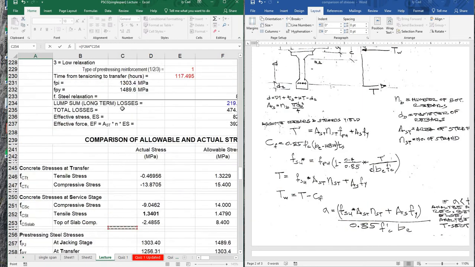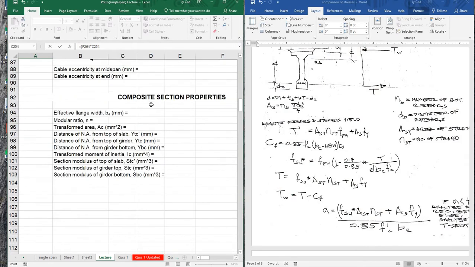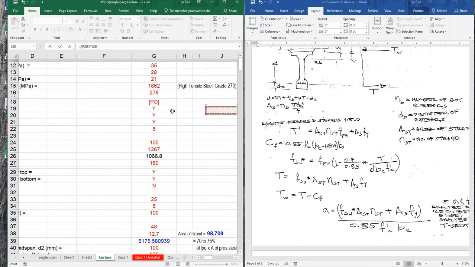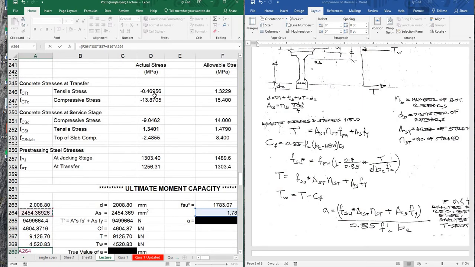Ano? So, AST times number of strands. And then plus AS FY. Unahin ko na si FY times AS. Ito siya. Then close parenthesis.